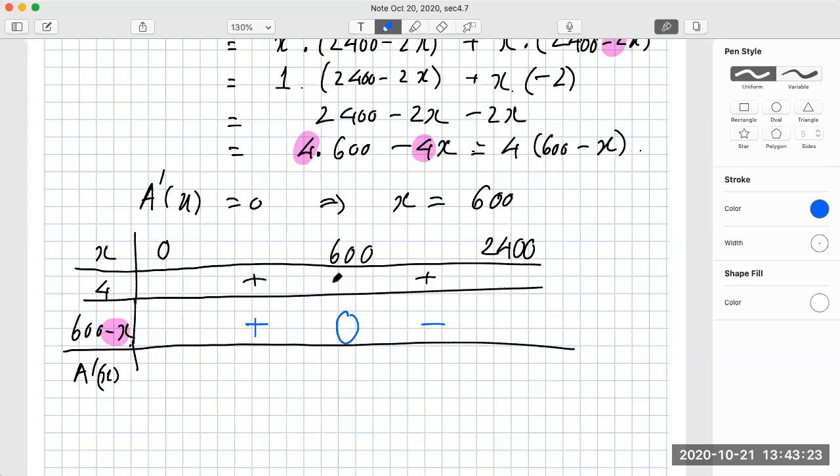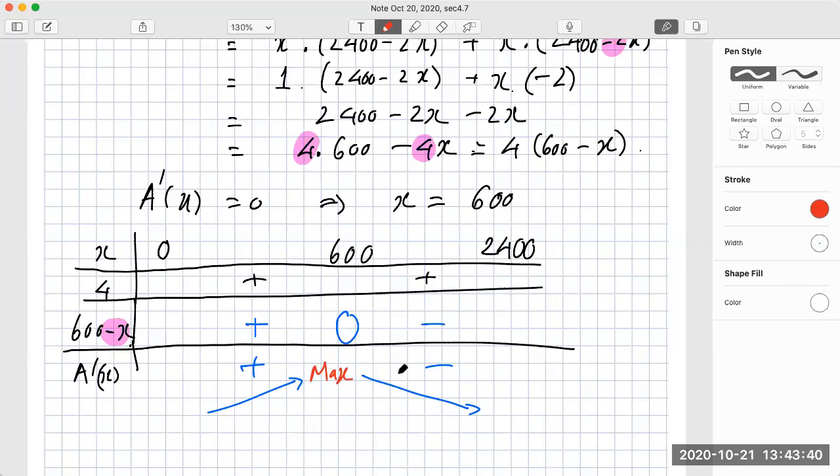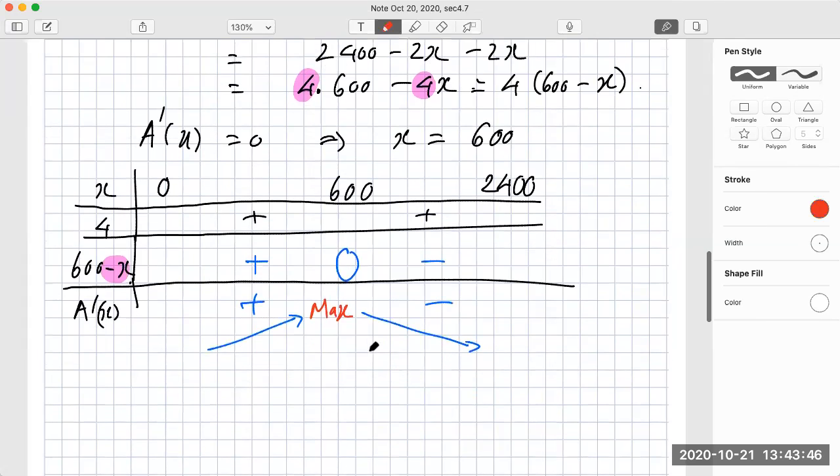So the product of them gives us positive and negative. It is increasing and then decreasing. Oh, makes sense. Therefore, it has a maximum value right here, right? Local maximum. Okay?